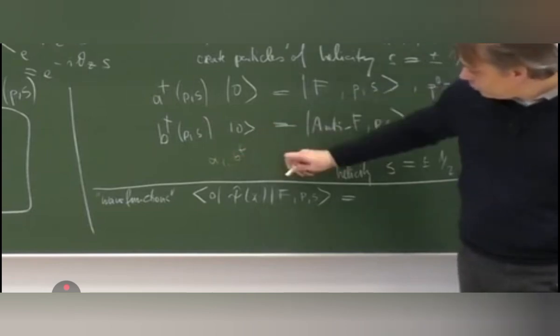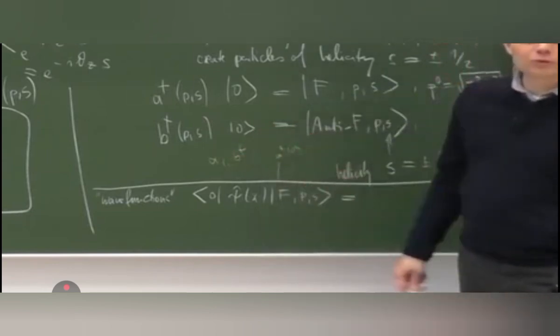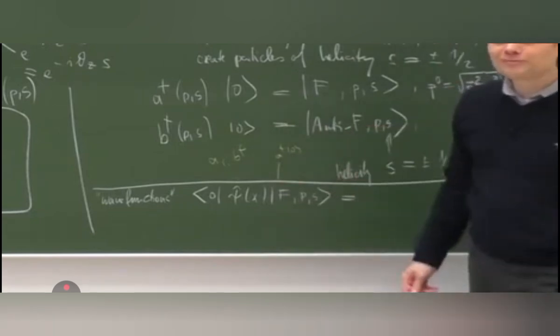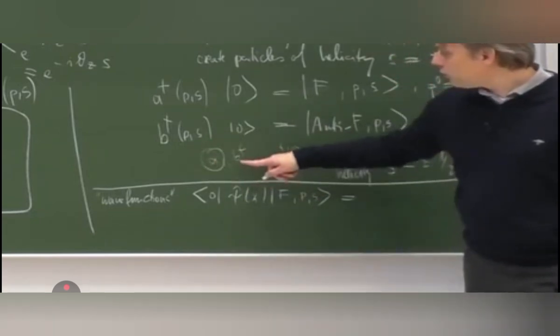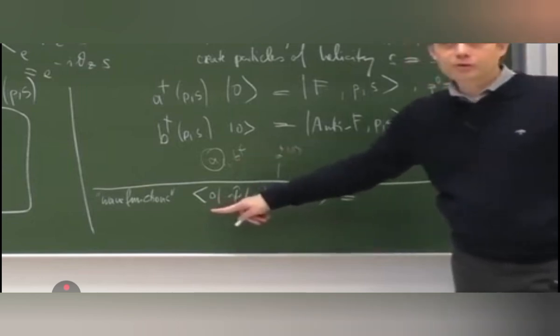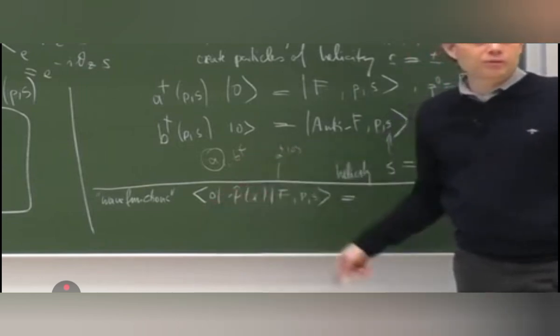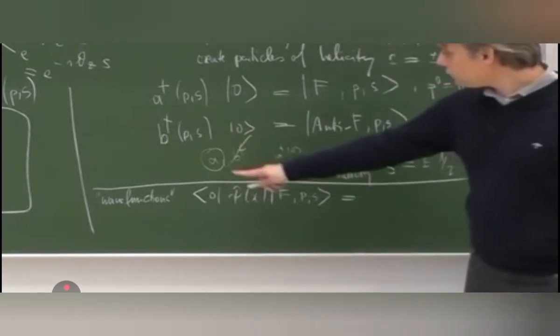Here that would be a dagger on the vacuum. Then only the a contributes, and the b dagger gives 0 because b dagger acts to the left onto the vacuum. That is the same as b acting on the vacuum, that is 0. So that gives 0, and the a contributes.